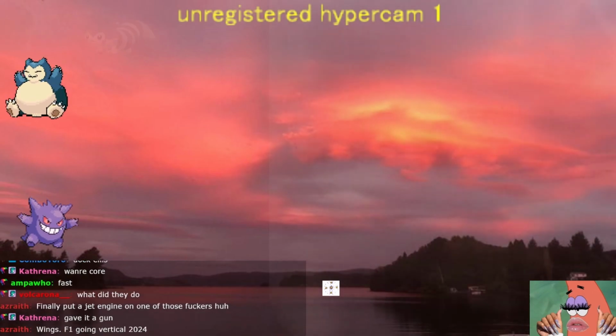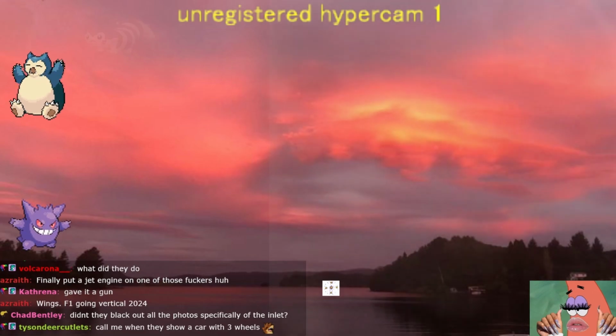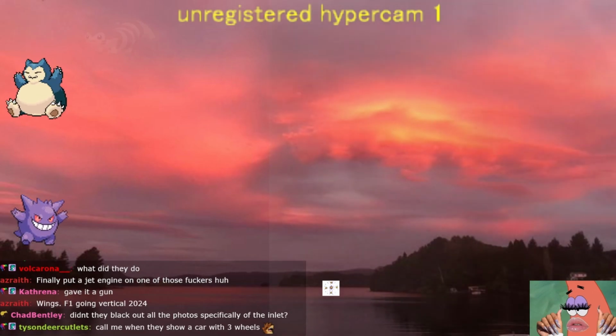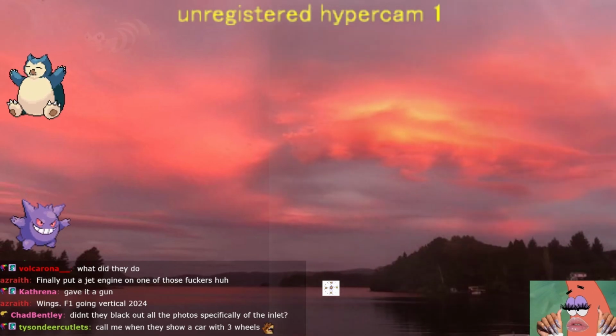They still have side pods, but they appear to have an inlet that is vertical as opposed to horizontal, which is what you would normally have on a Formula One car. So everyone's going, huh. Interesting.